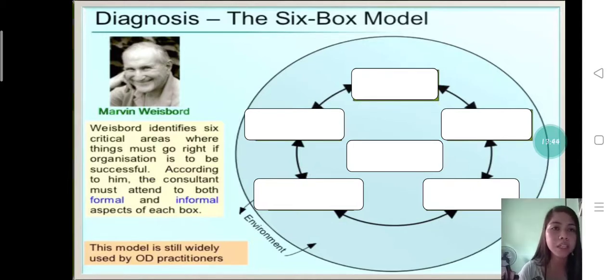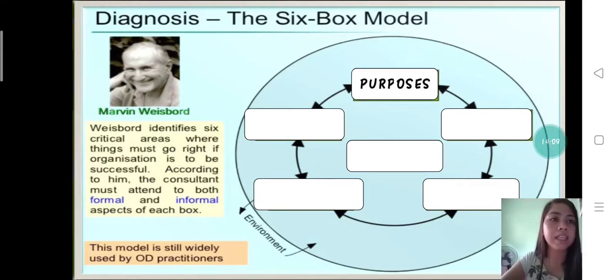So kung gusto ninyo ma-successful ang organization, this is one of the models that needs to be applied. According to him, the consultant must attend to both formal and informal aspects of each box. This model is still widely used by OD practitioners.